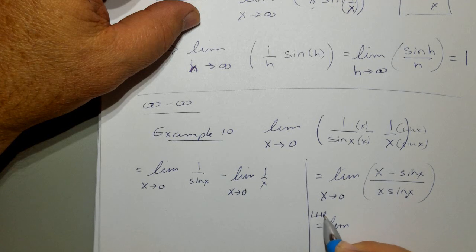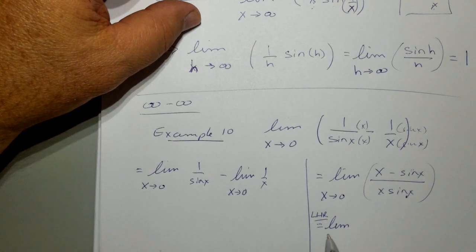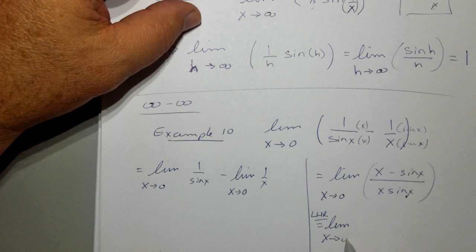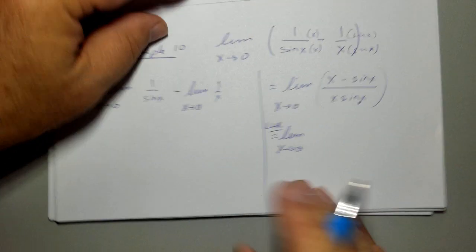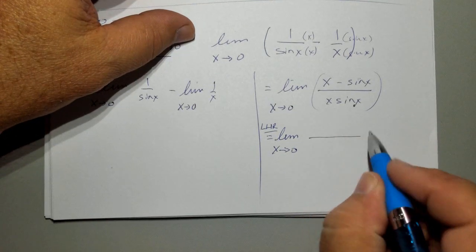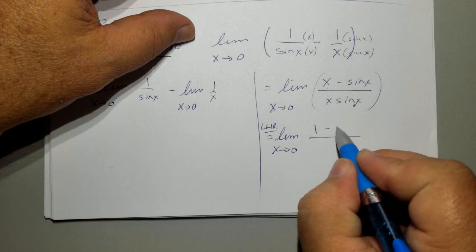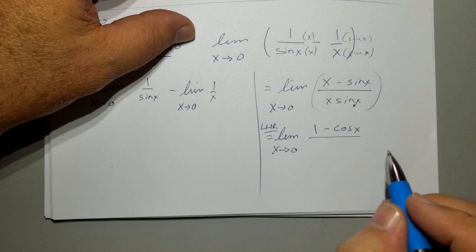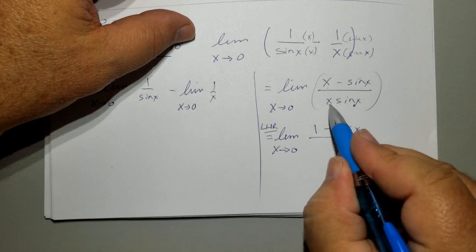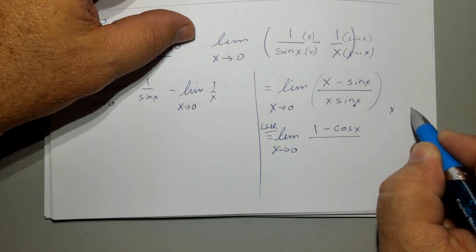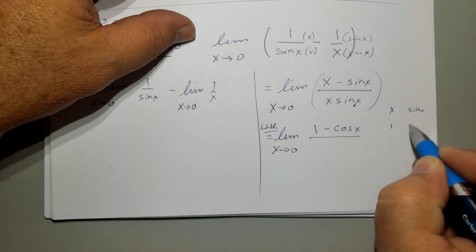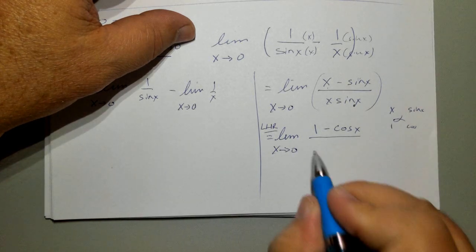So take L'Hopital's rule, since we have 0 over 0, as x approaches 0, derivative of x is 1, derivative of sine is cosine. One cosine.